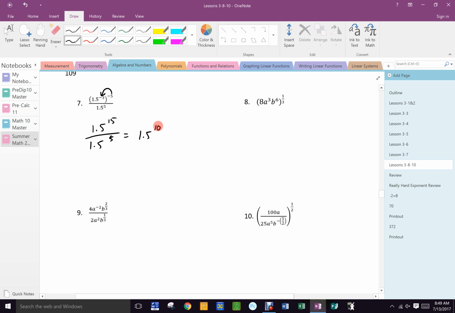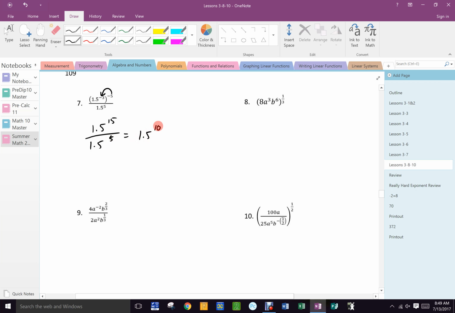Multiply. What's 3 times 1/3? 3/3, which is? What's 3/3? 1. So this is a to the 1, isn't it? And what's b? 6/3, which is 2. B squared.